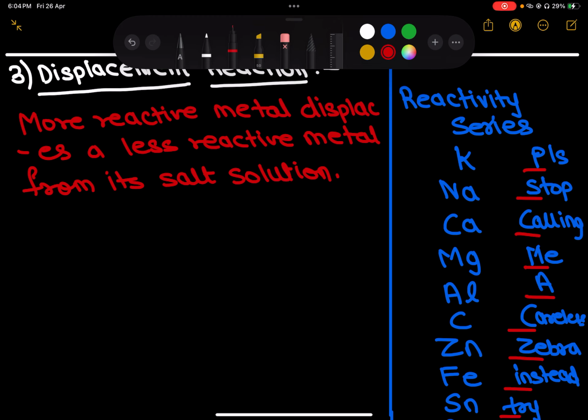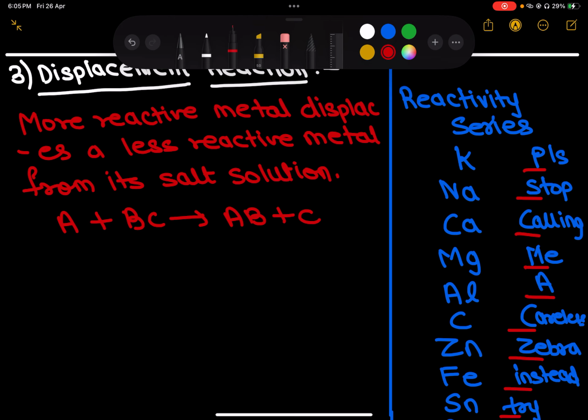First, the general form is A plus BC gives AB plus C. Simple. So A and C are metals, and B is the salt solution of C. And A is more reactive than C, hence A displaces C.